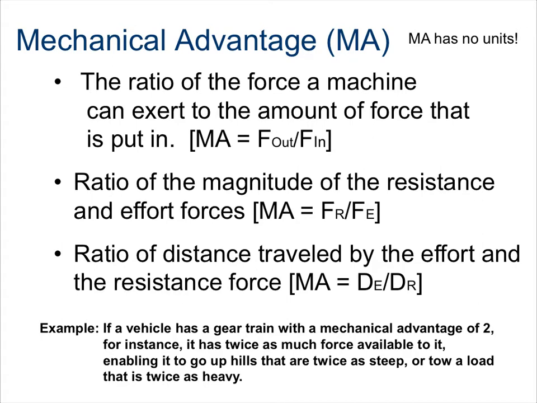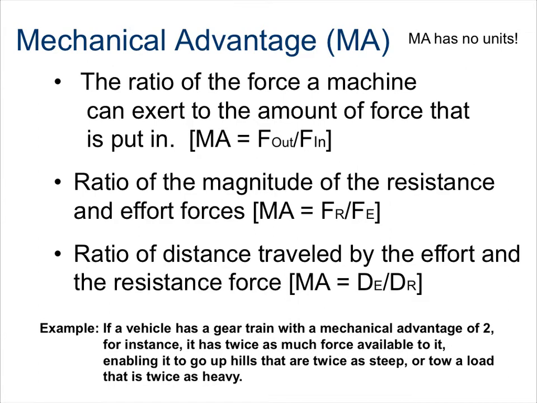The second way to calculate mechanical advantage is to calculate the ratio of the magnitude of the resistance and effort force. So we would write this as mechanical advantage is equivalent to the force of my resistance, Fr, divided by the force of my effort, Fe. And then finally, the third way to calculate mechanical advantage is to look at the ratio of distance traveled by the effort and resistance forces.